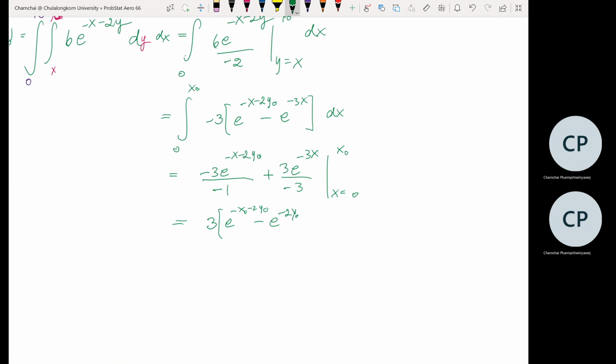And then minus 1, right? e to the negative 3x naught minus e to the 0, which is 1. Okay, can we simplify that?